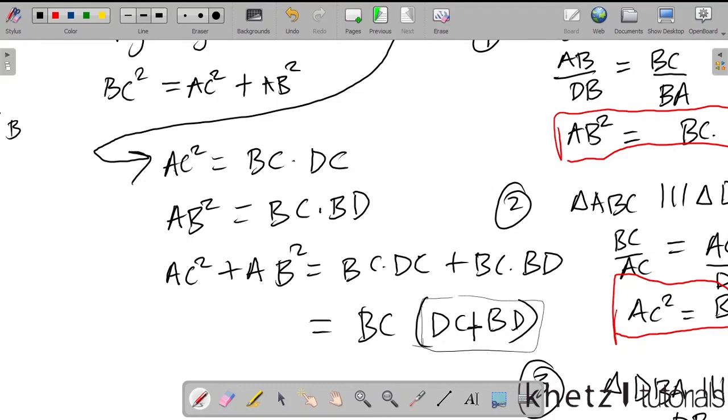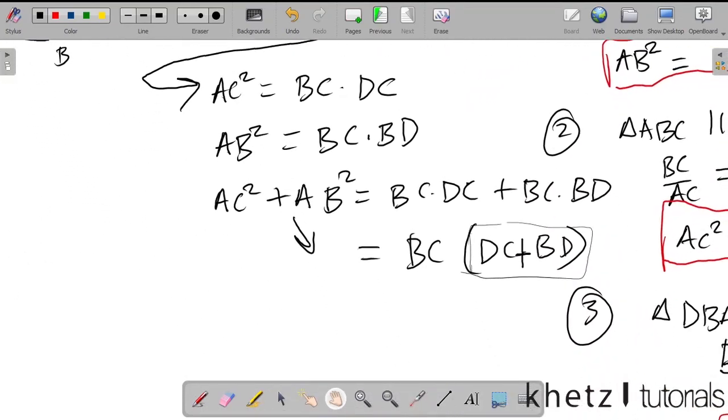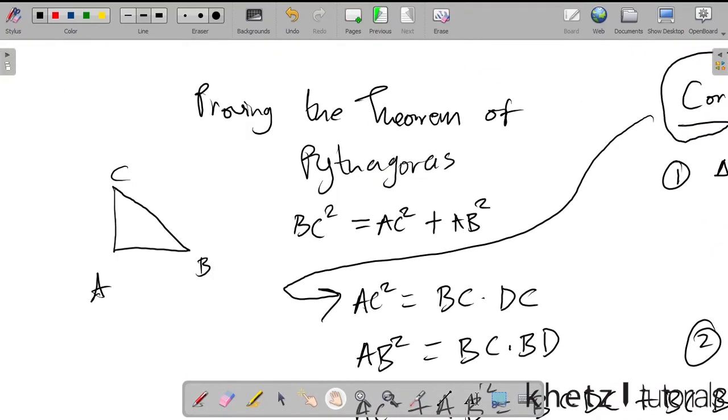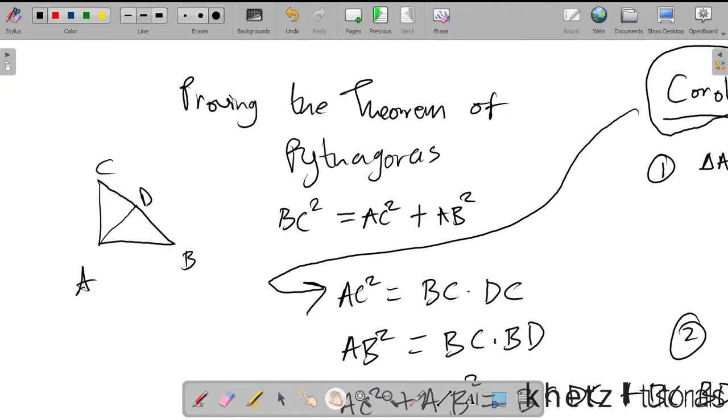And where can we go from this point? If you remember, we actually had a line over here, and at this point we call this point D. So now in the brackets we have DC plus BD.